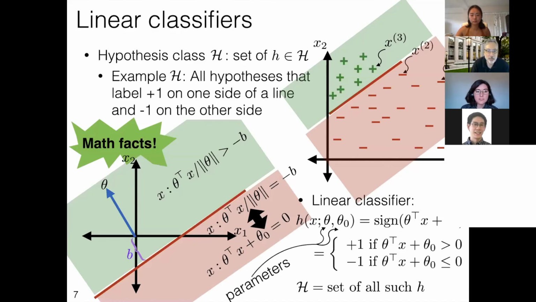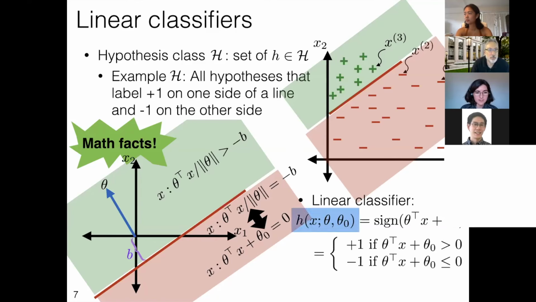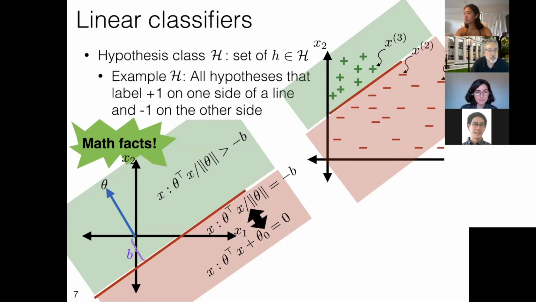Okay, so something that might even help us here a little bit. Remember the way that we set up this linear classifier was that we said we had a particular line. That line is defined as the projection being equal to a particular value.